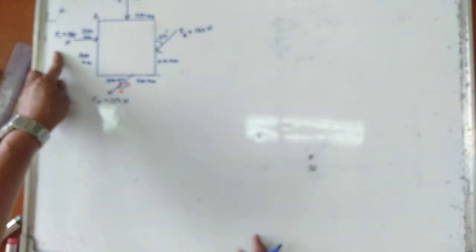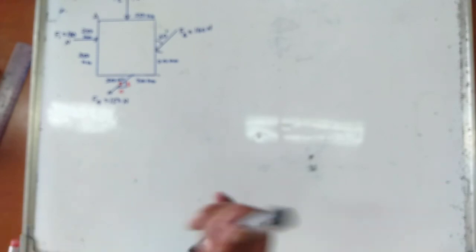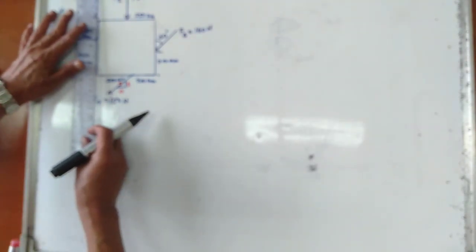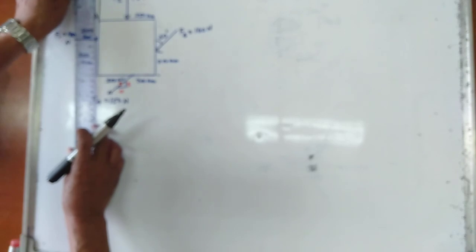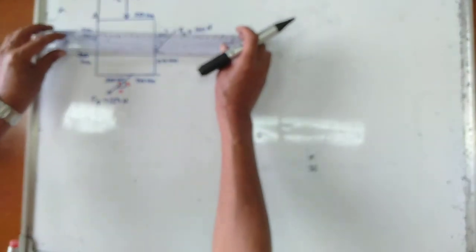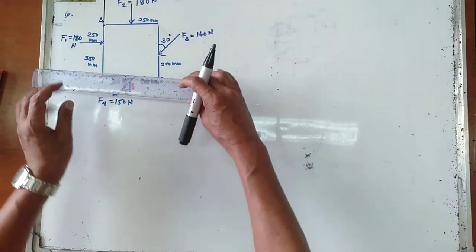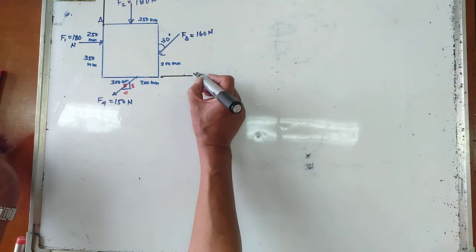Your F1 has no Y component because it is horizontal. And your F2 has no Y component because that is horizontal. So that is when the axis is vertical and horizontal axis. So I'm just going to consider that this is now the y-axis and this one in here is the x-axis.